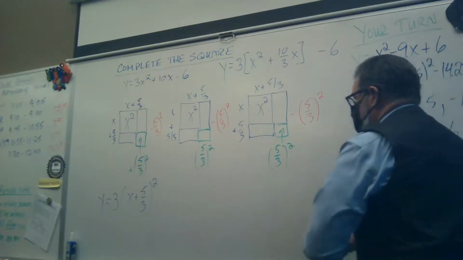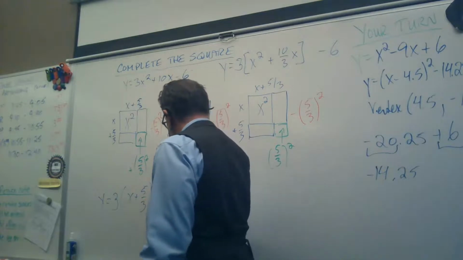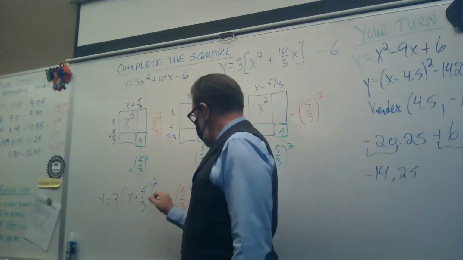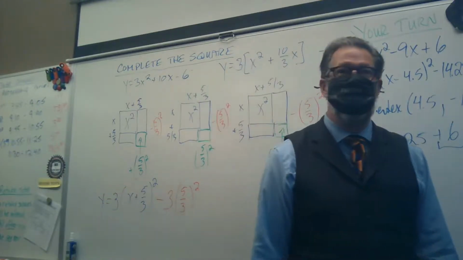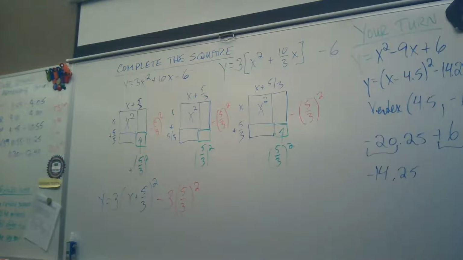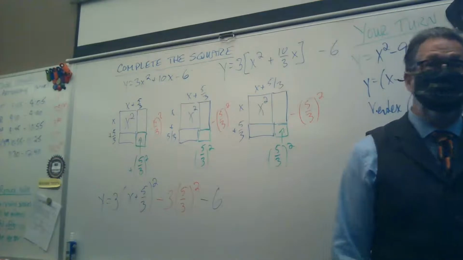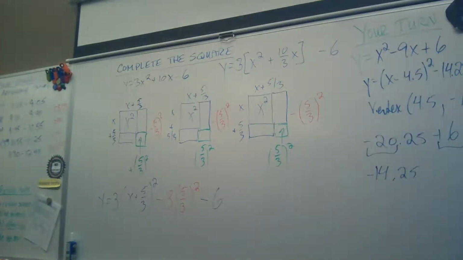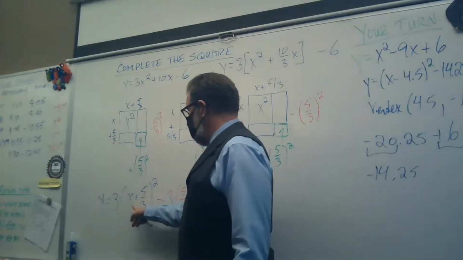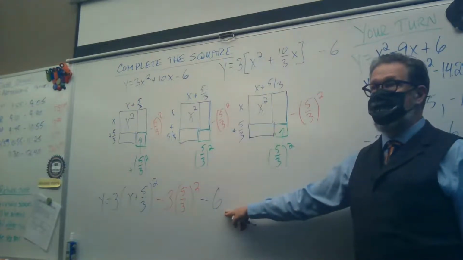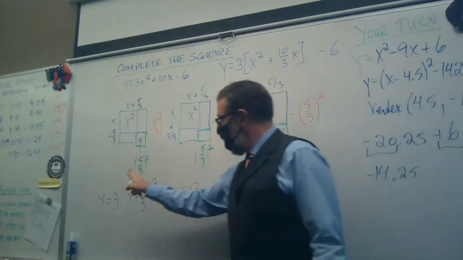And I am subtracting 5/3 squared. How many times? And I got a -6. Hey, look at that. That's in vertex form. X minus h plus k.